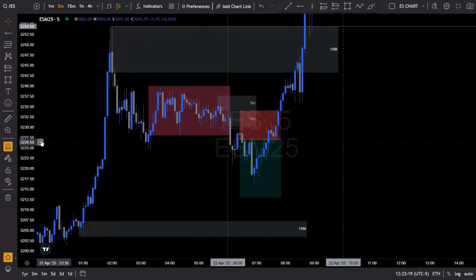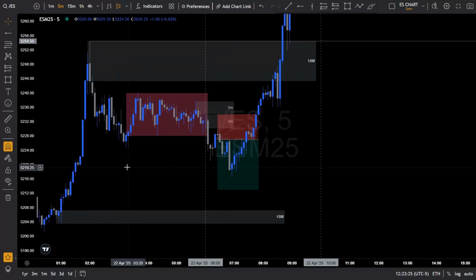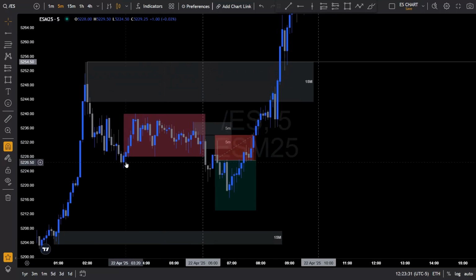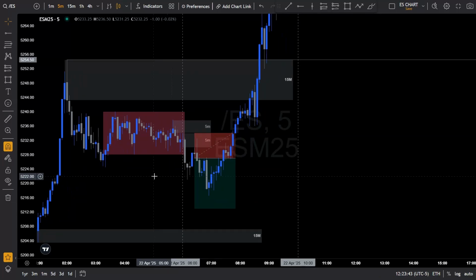So this white line up here, it was a 1 hour high that I was looking to maybe get swept and then shoot back down when it was right around this zone. From about 3:40 to 6 o'clock, it was consolidating for that whole time, almost about 2 hours or so.